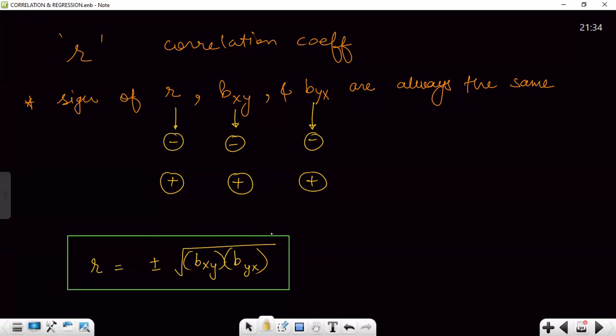So that's very important for you to understand. Understood? Yes, sir. See, if any of the signs is not coming as the same, then you yourself make it the same. That's the composition. Let's look at some examples.